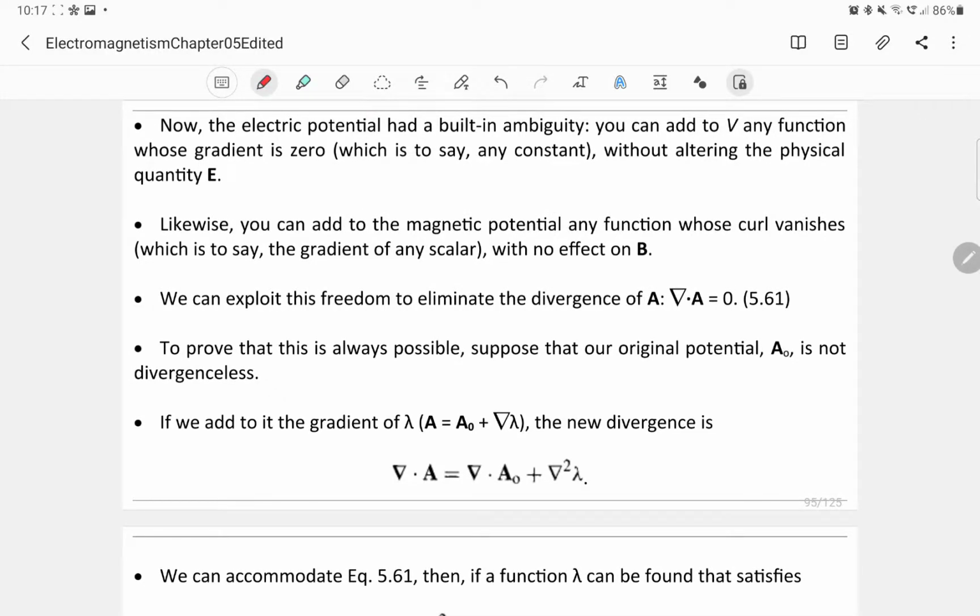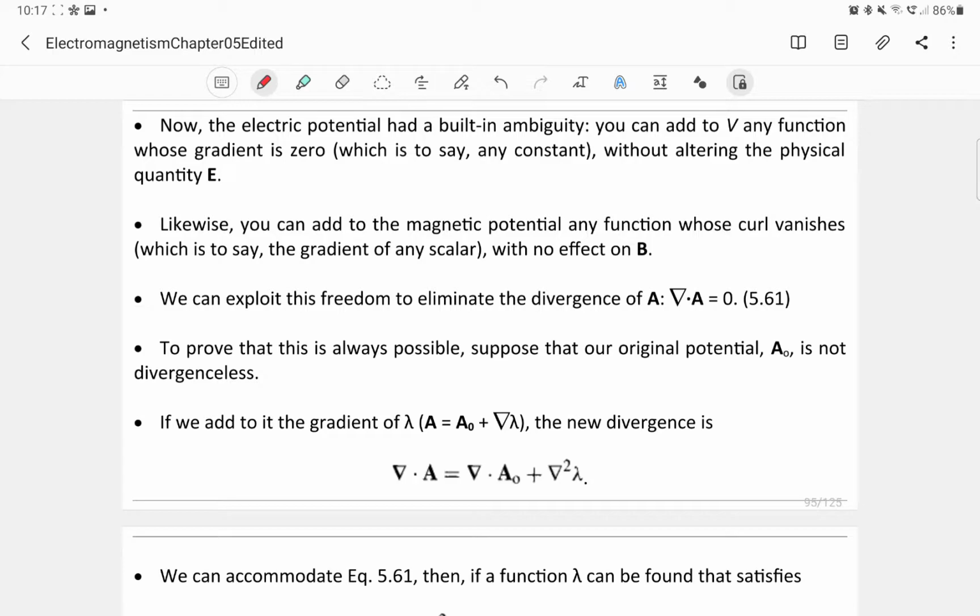Just like in electrostatics, you can add to V, the electric potential, any function whose gradient is 0, say for example a constant, but you're not altering the physical quantity, the electric field.